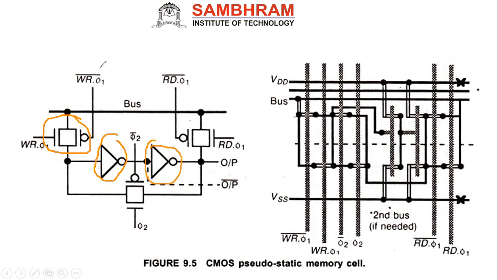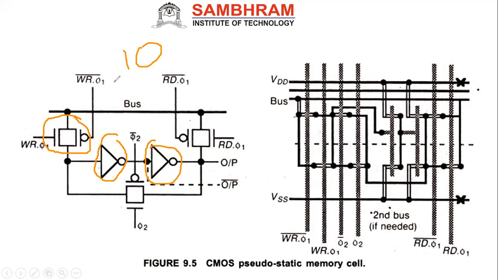Now let us see how many transistors are required. Previously, if it is NMOS, how many transistors? 1 plus 1, 2, totally 3 pass transistors plus 2 inverters, so 3 plus 4, 7 transistors are required. But when I go for the CMOS pseudostatic memory cell, how many are required? 2 plus 2 plus 2, totally 6, 6 plus 4, 10.